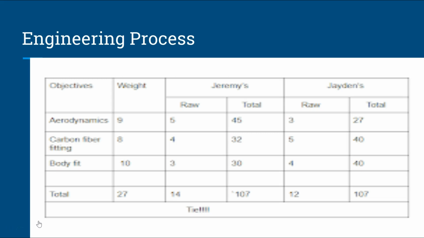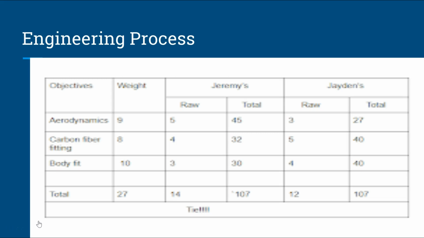And then the body fit, which was meant for the carbon fiber and the chassis as well. And then the weight was how important it was to us. So aerodynamics was important, and carbon fiber was important. Mainly the body fit was important because that kind of affected everything.